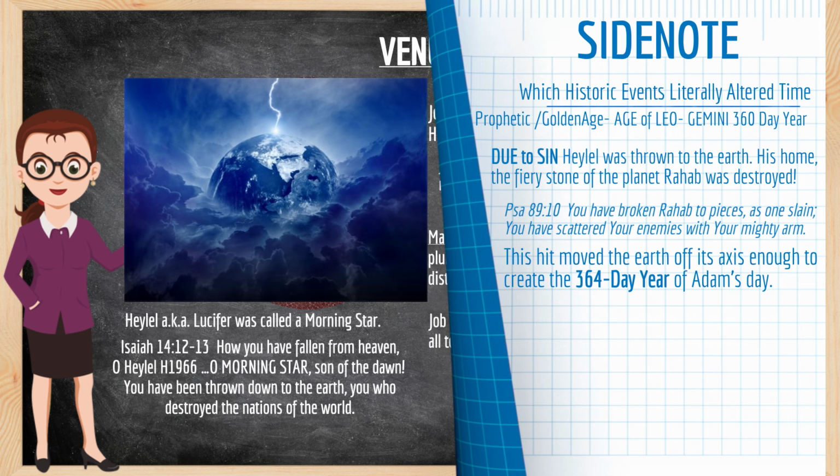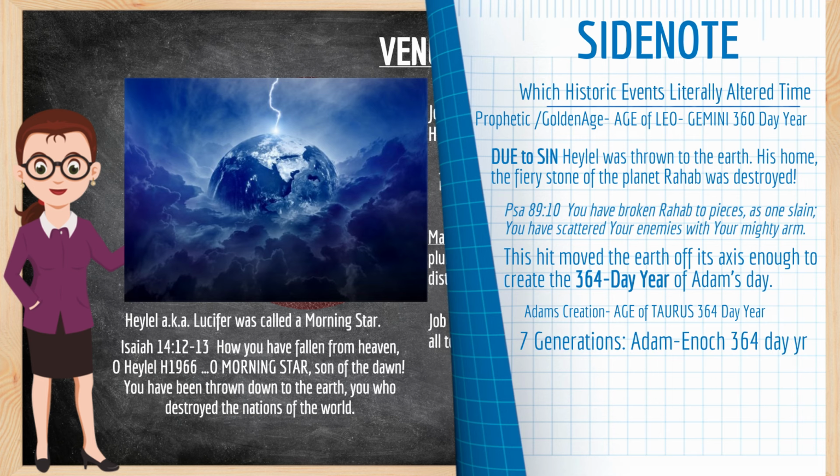This hit moved the Earth off its axis enough to create the 364-day year of Adam's day, in Enoch's time. For 7 generations from Adam to Enoch, the Earth experienced a 364-day year.